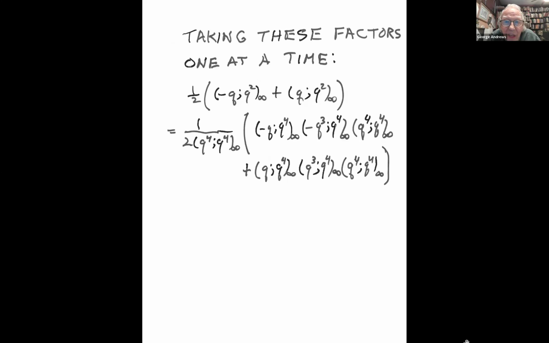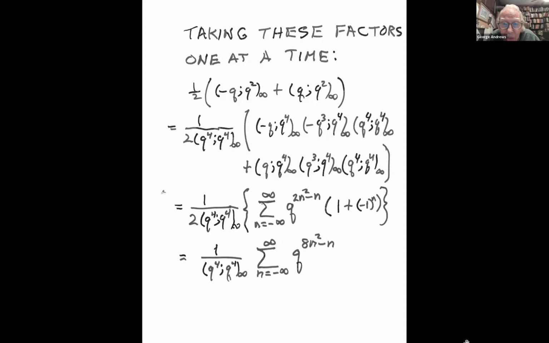And so to take these factors one at a time, here's the first factor. And I'm rewriting things so that I can get to Jacobi's triple product, which expands this way. And the first factor is given at the bottom of the screen. It's basically this theta series with this infinite product out front.